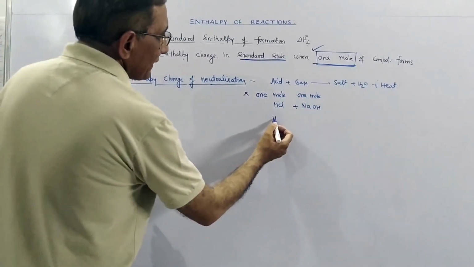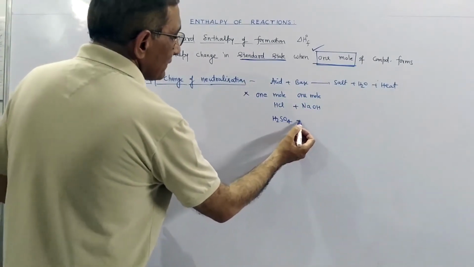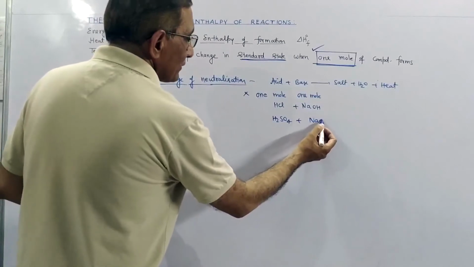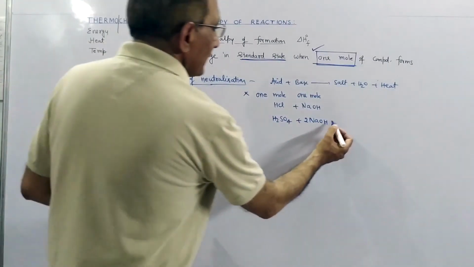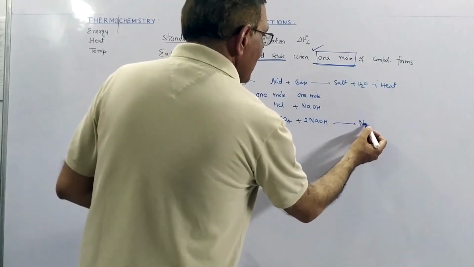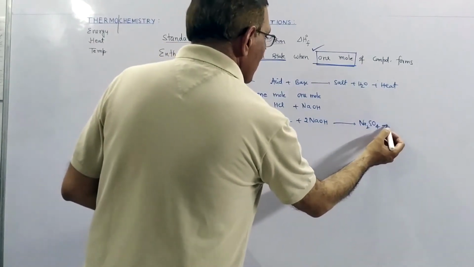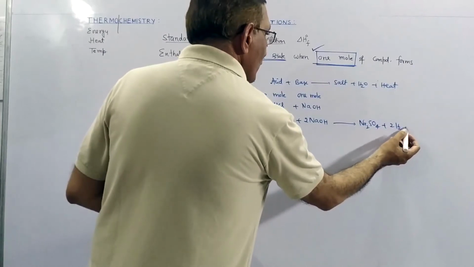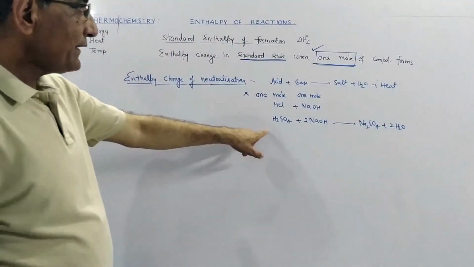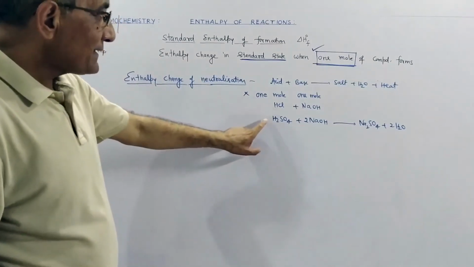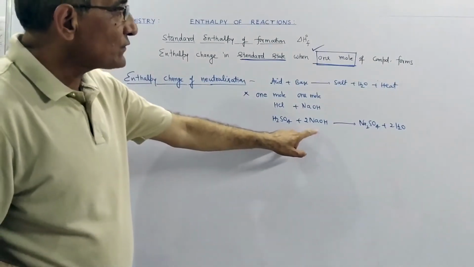But if you take H2SO4 and NaOH, then you have to take 2 mole of NaOH. Then your reaction will be Na2SO4 plus 2H2O. So in case of H2SO4, we need 2 NaOH. So acid is 1 mole, but NaOH is 2 mole.